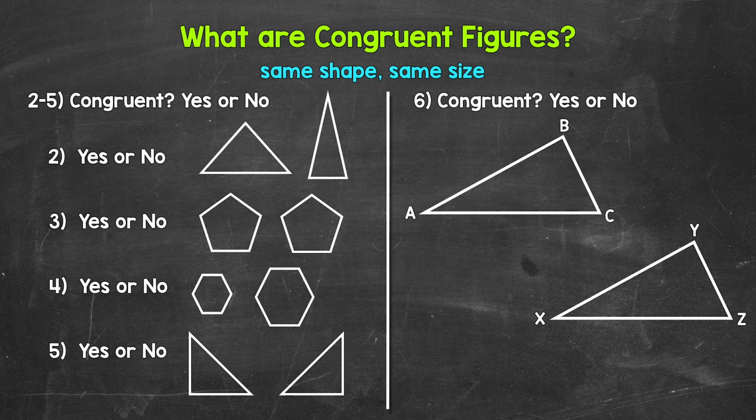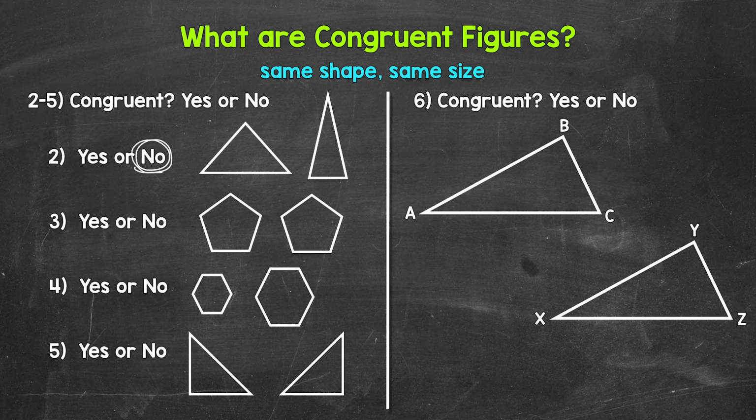Taking a look at our other examples here, let's take a look at numbers 2 through 5, where we need to determine if the two figures are congruent or not. Let's start with number 2, where we have two triangles. So are these triangles congruent? Are they the same shape and same size? No. Right away, we can tell that they are not the same shape.